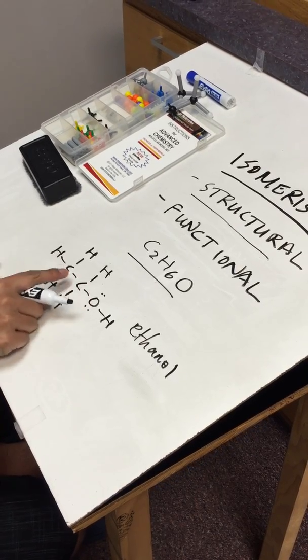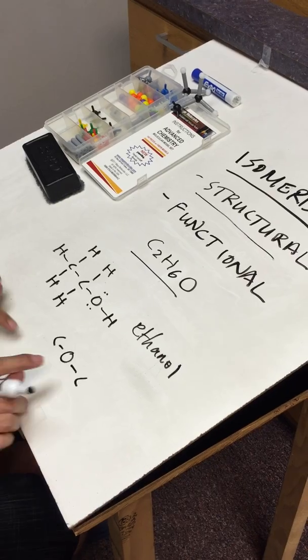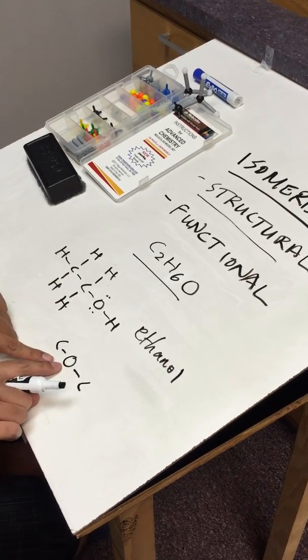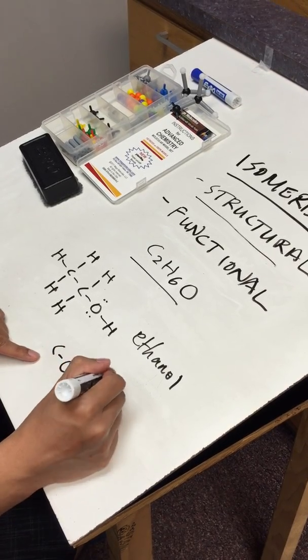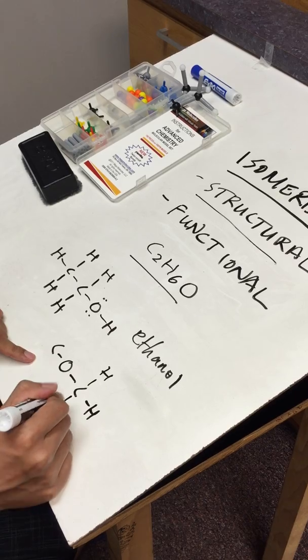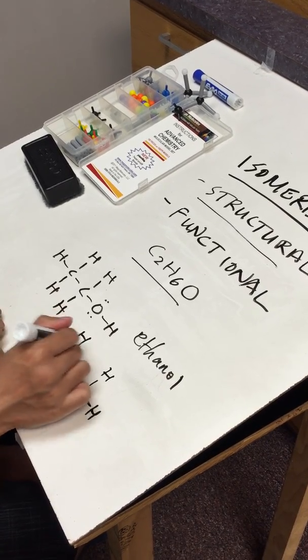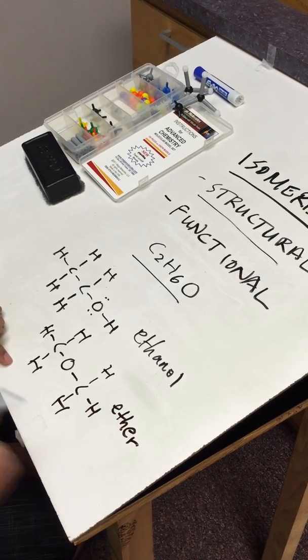However, you can put the oxygen in a different position relative to the carbon atoms. So if you sandwich the oxygen between 2 carbons, okay, and then you have the hydrogens at these positions, this is called an ether.